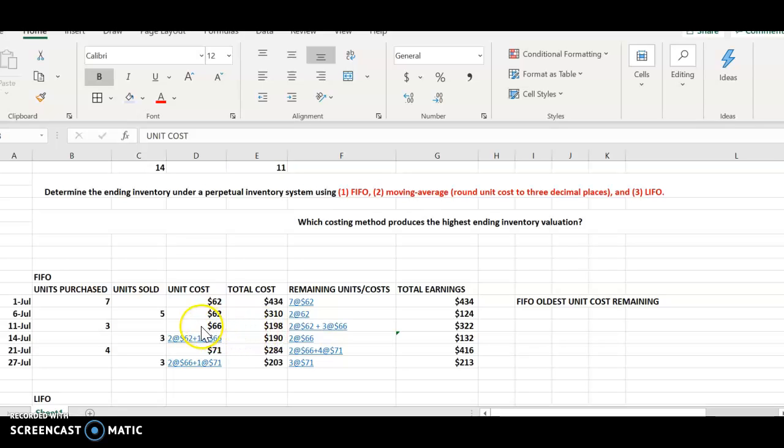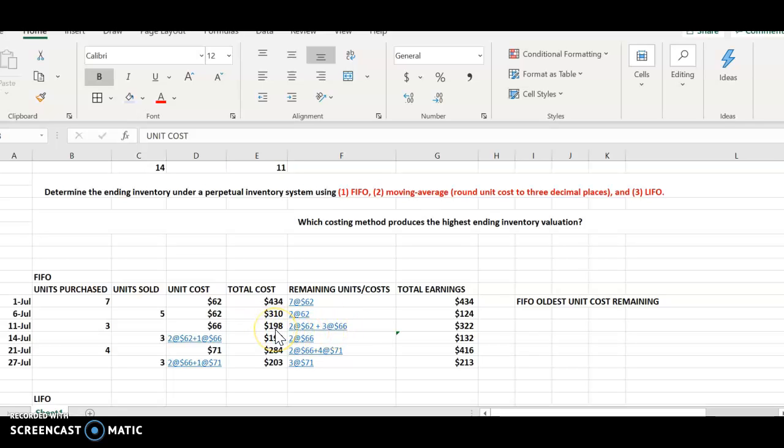Here it gets a little tricky, because we have to remember that the remaining units were 2 at a cost of 62. Since we purchased 3 more, we add 2 times 62 plus 3 times 66.